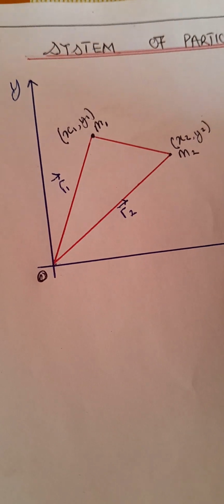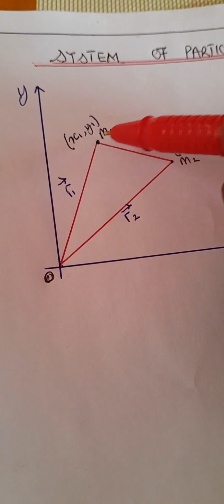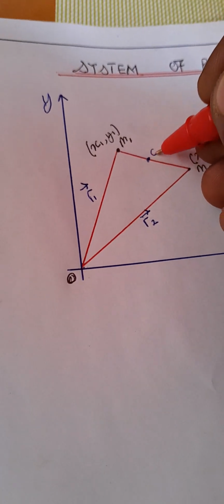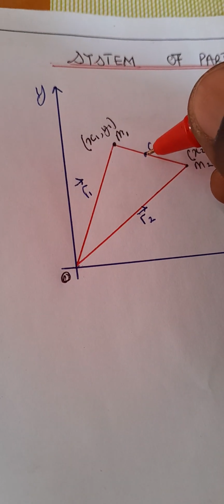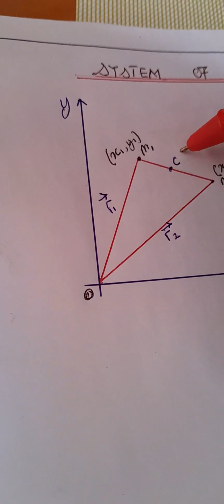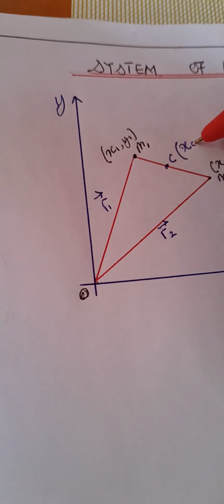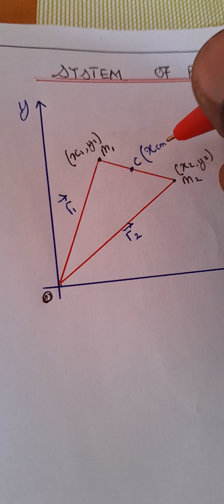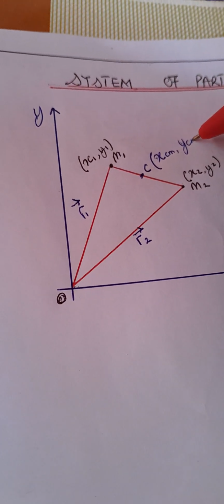Now we want to calculate the center, that's from M1 to M2. There is a midpoint. Let me call that point C. So that will be the center. And if there is a midpoint there, it means it has its own coordinates too. Let me call it XCM. That is the center of mass at point x, and then YCM.